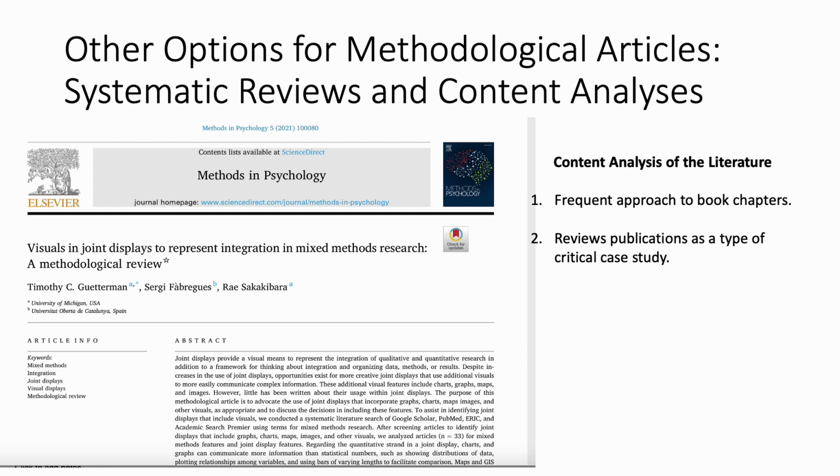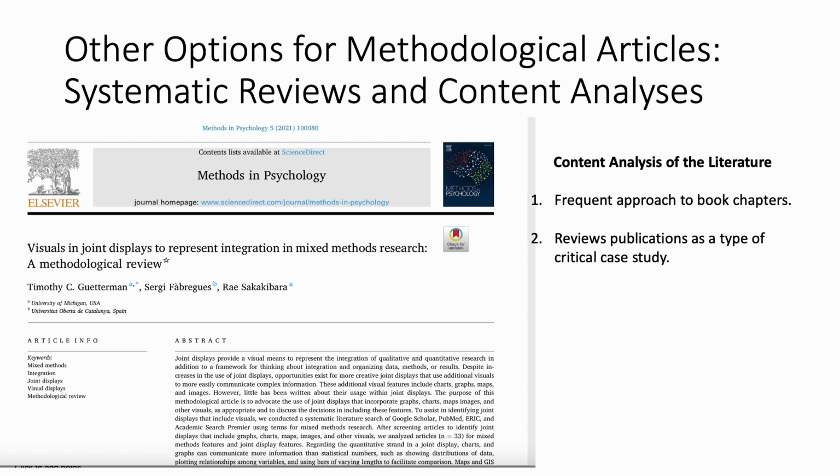There's a whole body of examples of mixed method research that either uses a systematic review or a content analysis, where the data that's being analyzed are publications. This is an example of one that Tim Guterman took the lead on. It was a systematic review of mixed method publications and their use of joint displays.